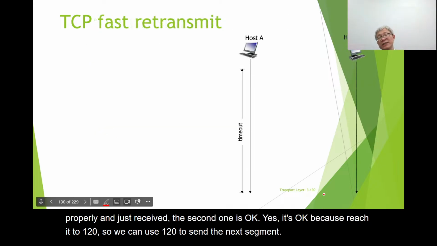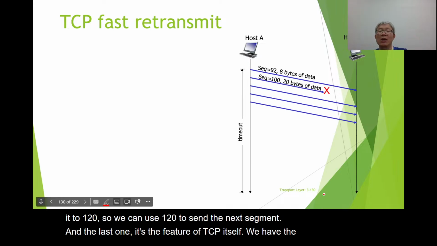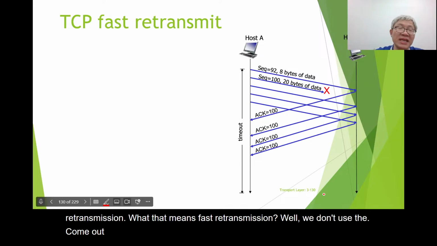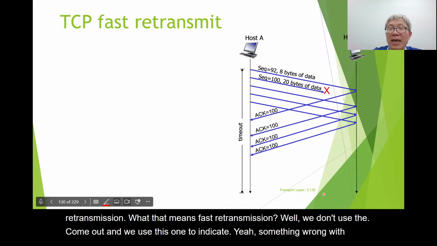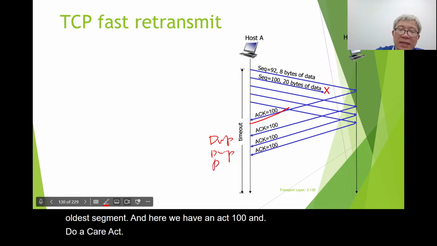And the next one is a feature of TCP itself. We have fast retransmission. What does that mean, fast retransmission? Well, we don't use the timeout, and we use this one to indicate that something is wrong with the oldest segment. And here we have ACK 100 and duplicate ACKs.